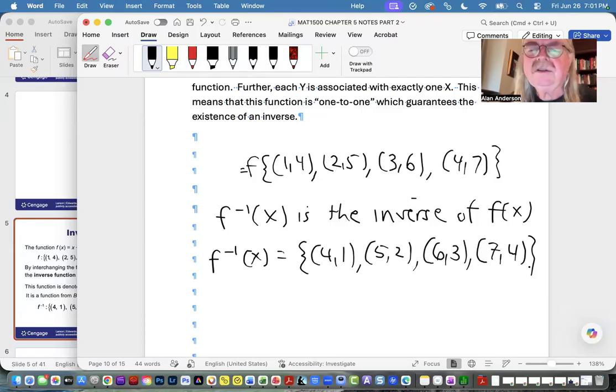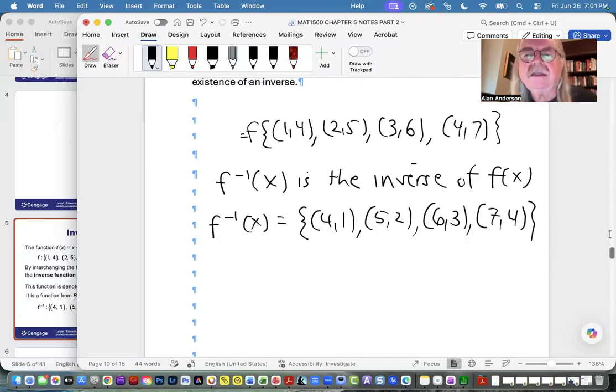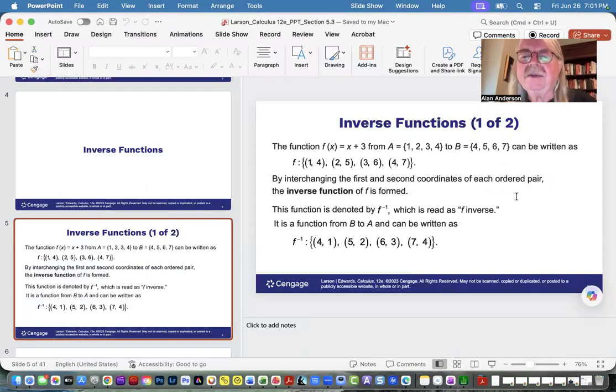That's our inverse. Now, normally the inverse and the original function are written as an actual equation of some kind. Here it's just a set of ordered pairs. But the important thing is that we've reversed the roles of the x's and the y's. That's what it means to be an inverse.